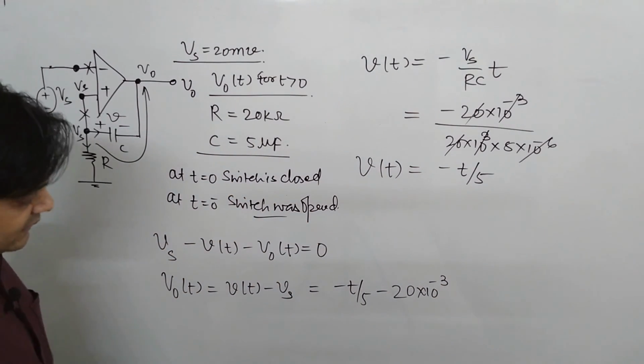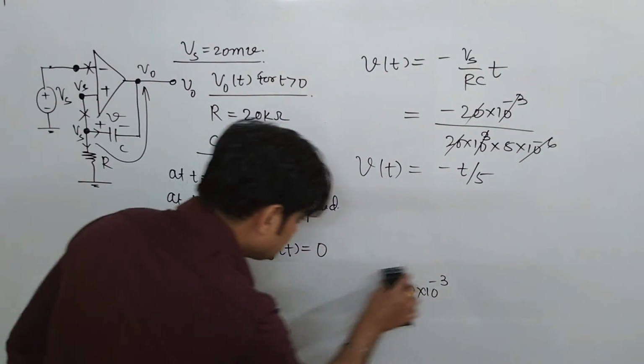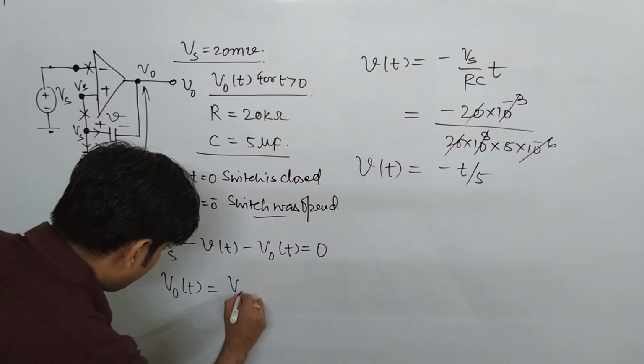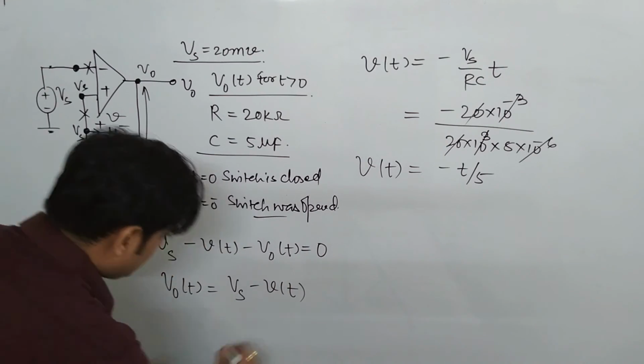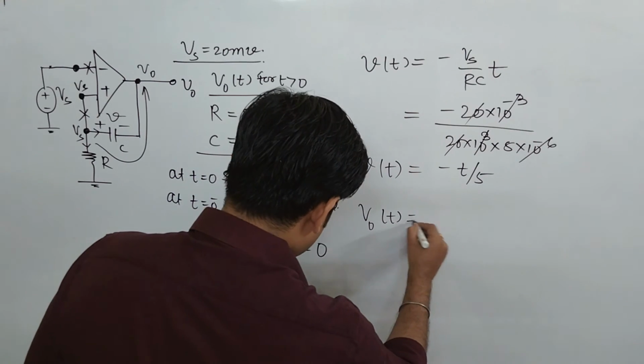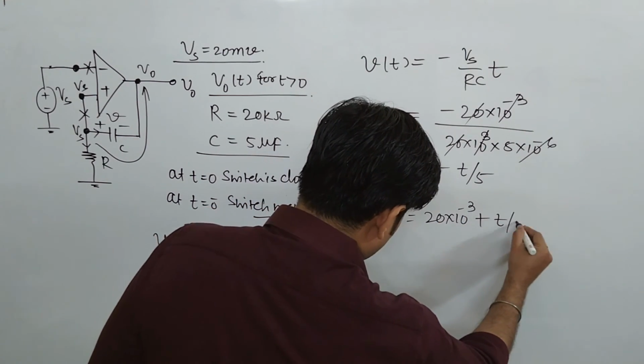If I rearrange this, the value of V0(t) comes to be Vs minus V(t). So V0(t) equals Vs, which is 20 millivolt, and minus becomes plus of 5.